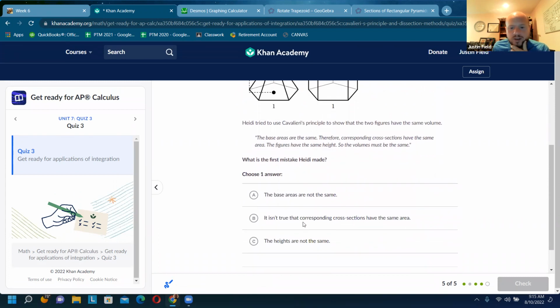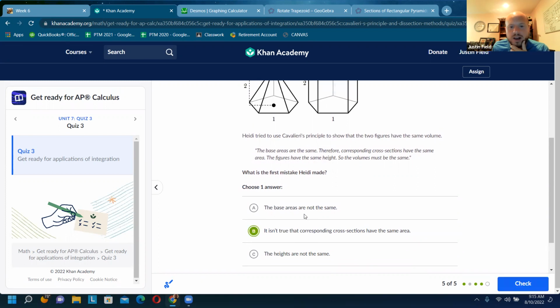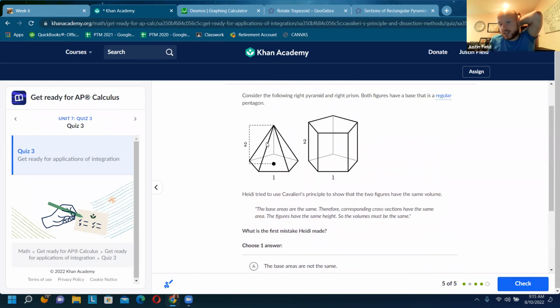It isn't true that the corresponding cross sections are the same area. You see, this is a pyramid, Heidi, and this is a prism. They are related, but you have to multiply the prism volume by 1/3 to get the pyramid volume. So it's got to be not just the base areas are the same, but the cross sections all the way up.